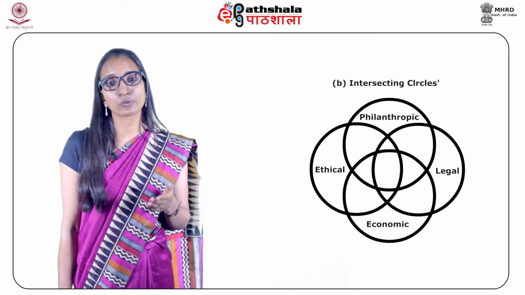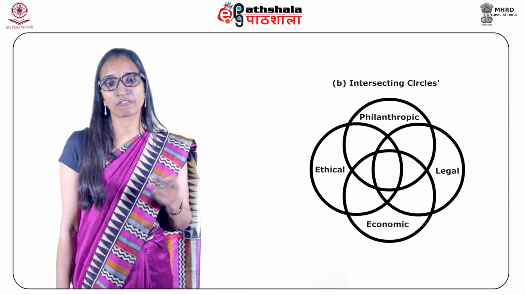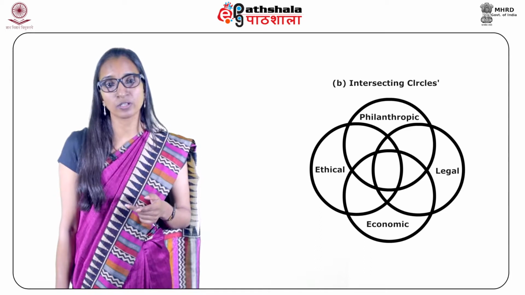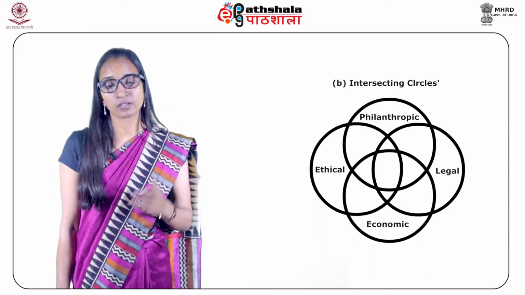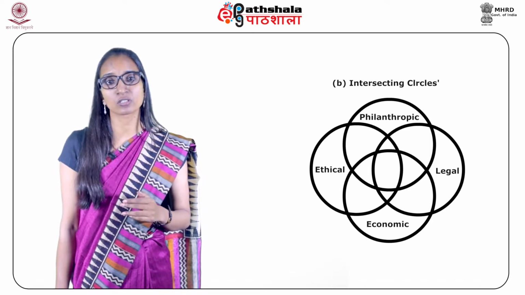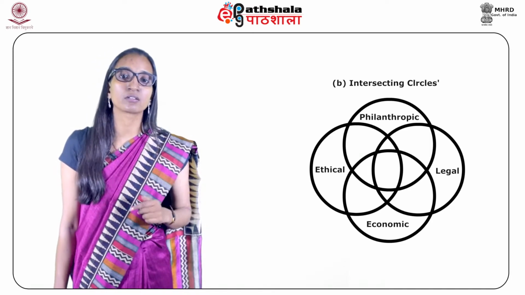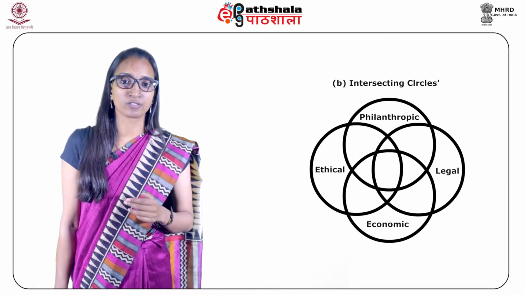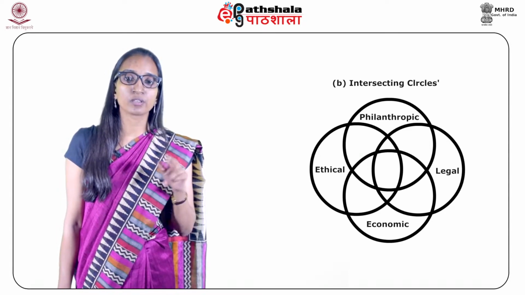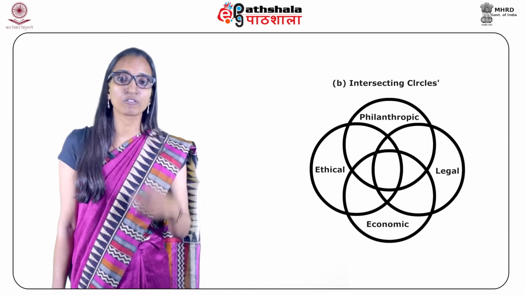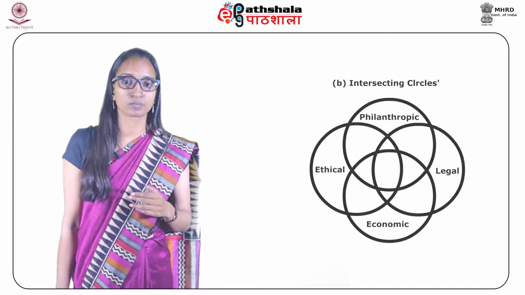Now, in this figure you can see all three models. Figure A shows the pyramid model, in which there is a pyramid of CSR. The next is the IC model, which shows the intersecting circles of CSR activities. Figure C is about the concentric circle model, where there are concentric circles of corporate social responsibility fields.